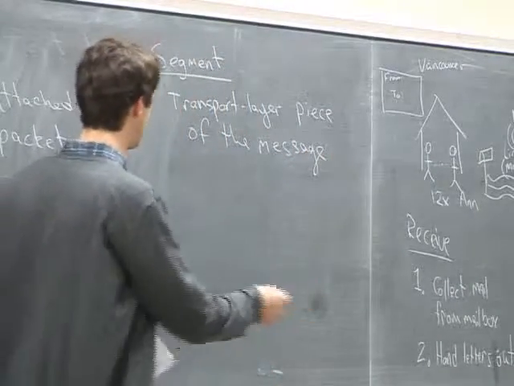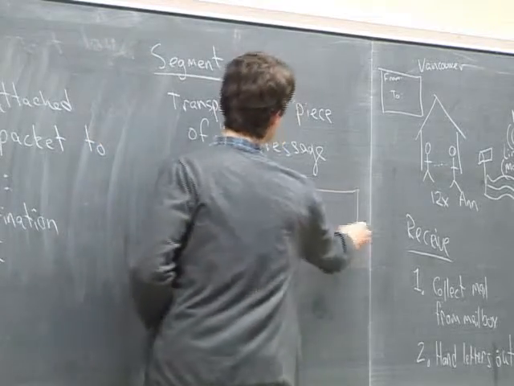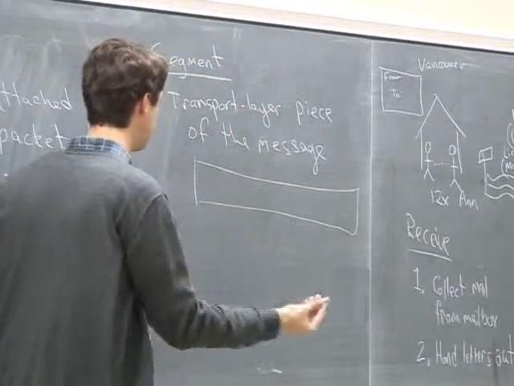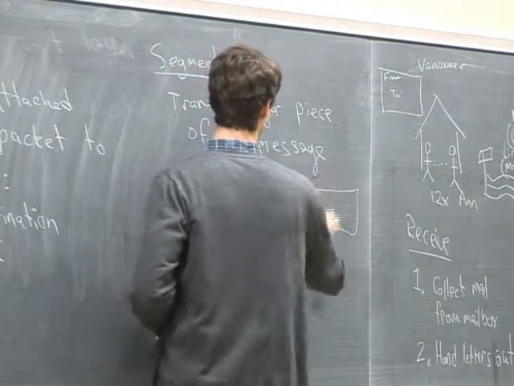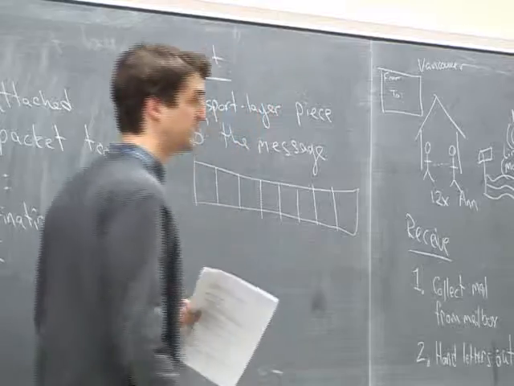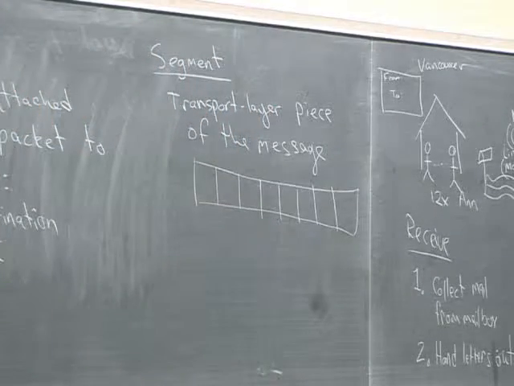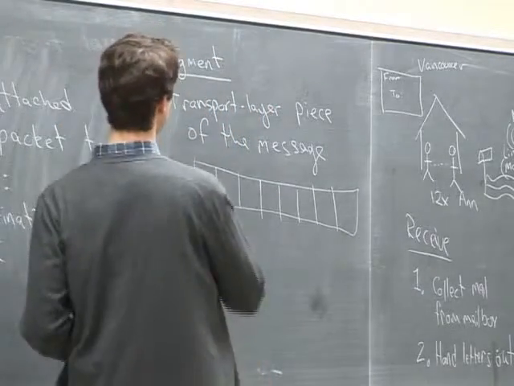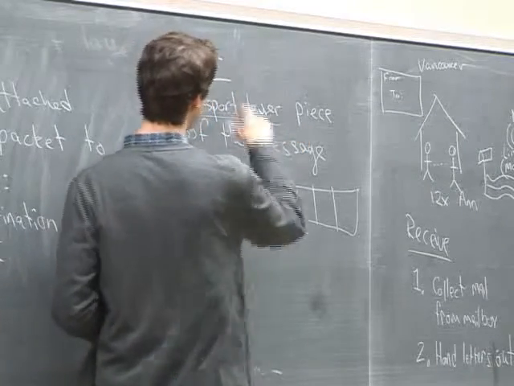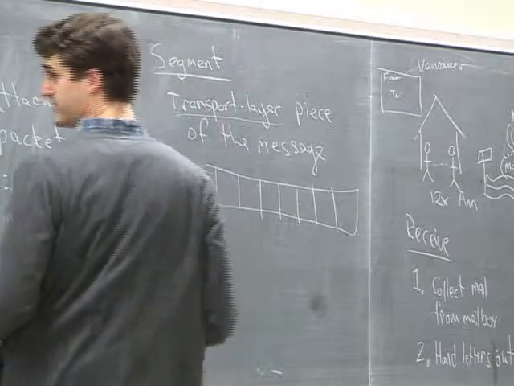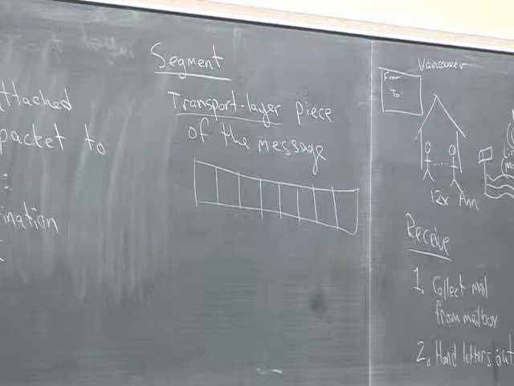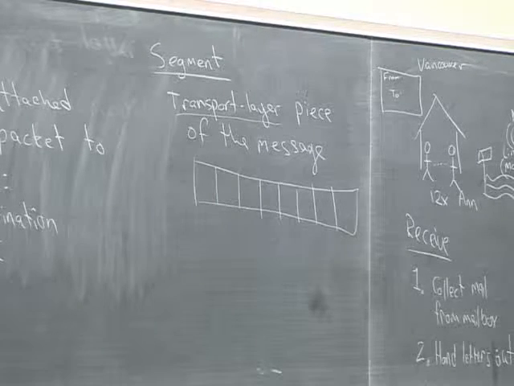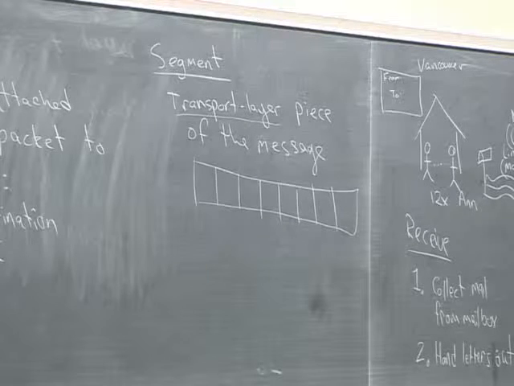So if you have some sort of message that's this many bytes long, then a segment is just a part of that, okay? Something like that. And this terminology is only good for the transport layer. And as I mentioned earlier, in the network layer, we call this type of packet a datagram. All right, so I know it's confusing. There's lots of jargon there, but this is what everyone uses, so we have to follow that.